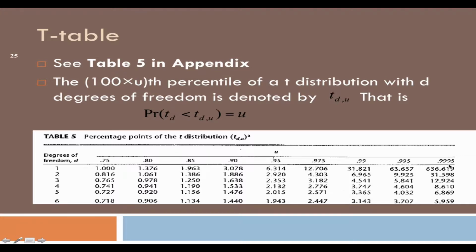So if it's 0.75, this one is 1. So it basically gives you that the 0.75 quantile or percentile of the t distribution is 1.